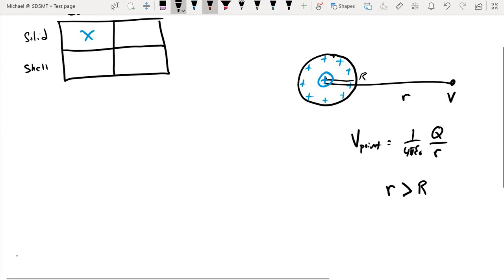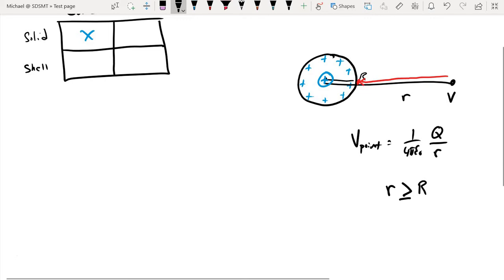But there's really nothing to stop us from getting closer and closer to that sphere until we get right to the surface, and we can still use the center of charge argument to say that we have all of our charge located at the center of the sphere. The sphere is still going to act like a point charge, so we can also let the r value where we are measuring our potential equal the full radius of that sphere.